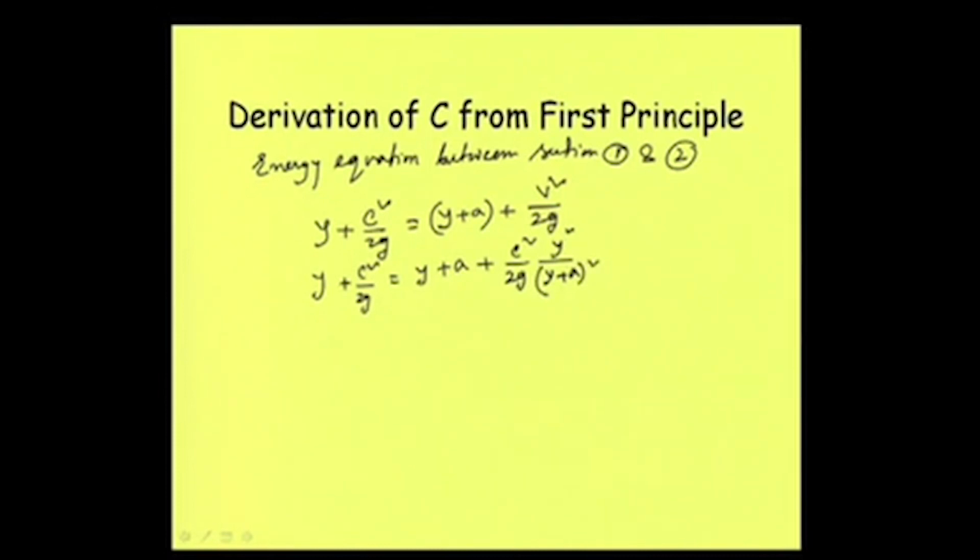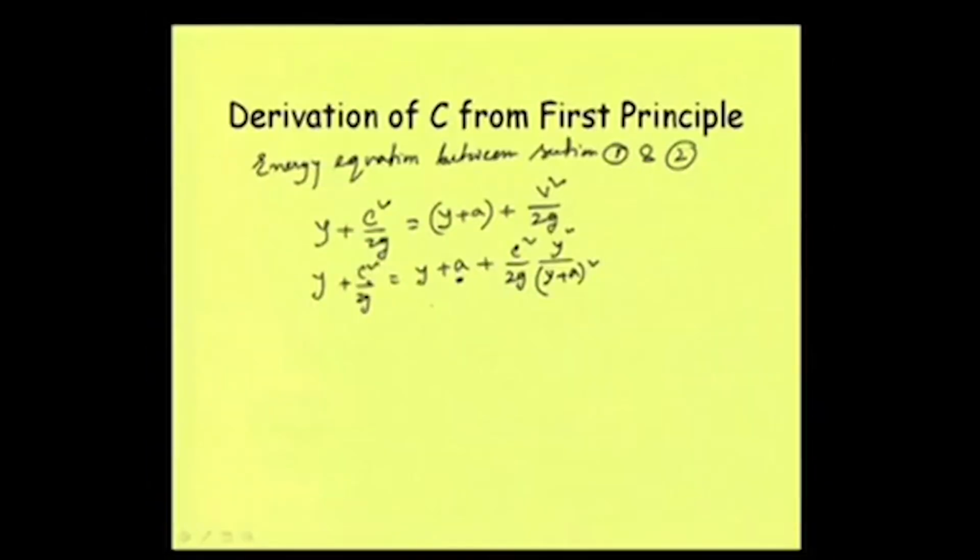Well, this is the expression, and from this let us try to write an expression for c, because our interest is to get c. What is unknown here is c, and y and a, the amplitude, are given. At the same time, this expression we are writing is for a wave where the amplitude is very small, a small amplitude wave.